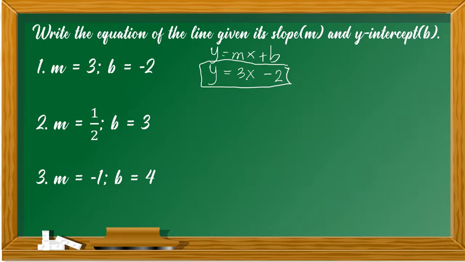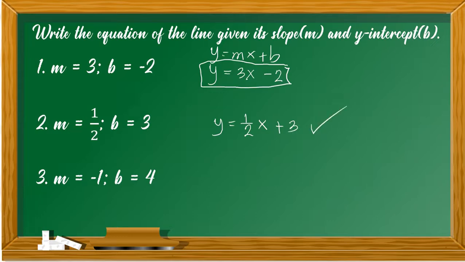What about number 2? I bet you can do it very fast. So we have y equals, what is our m? Our m is 1/2, so change it to 1/2, and then x. And then b is 3, it's positive, so we have plus 3. And so we already have the equation of the line.